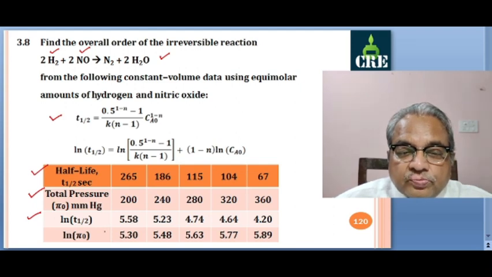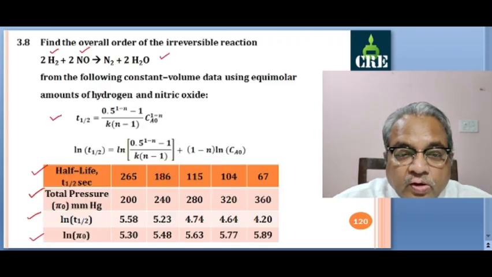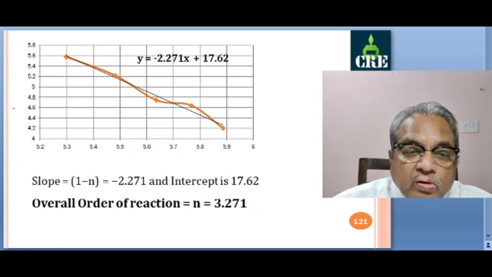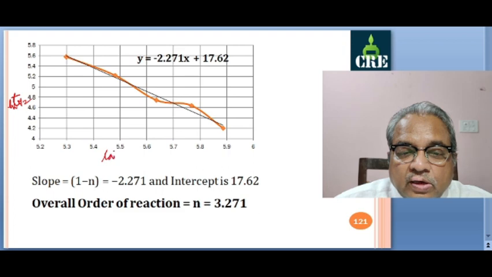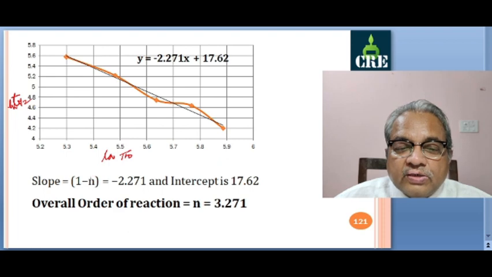So pi_0, ln of pi_0. These 5 data points we have. If you plot this, on the y axis ln of t_half and this is ln of C_A0, we are using the pi_0 equivalent form. We are interested in finding out only the overall order, not determining k.